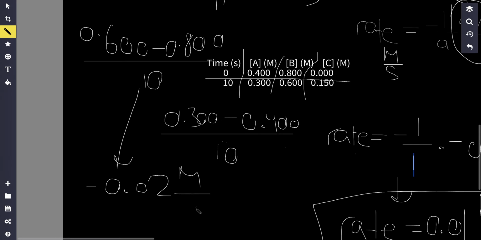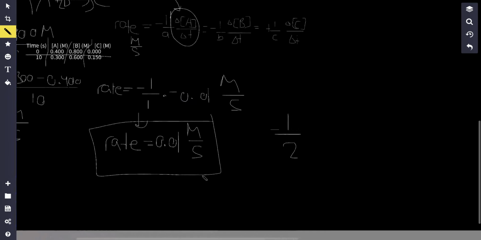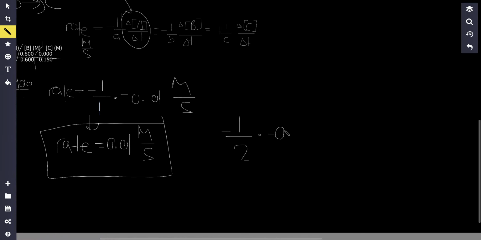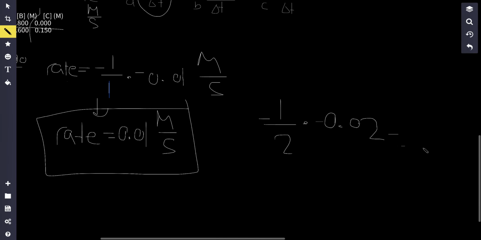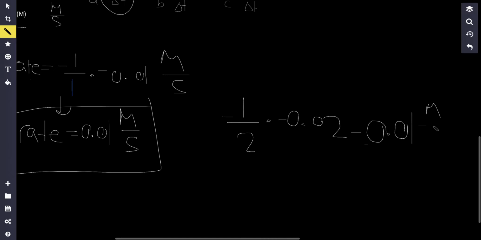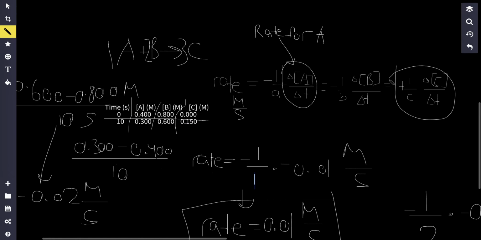At the top we're dealing with molarity, at the bottom with seconds, so molarity over seconds. I multiply this by negative 0.02, and when you multiply them together, you still get positive 0.01 molar per second. So either way, if you use the products or the reactants, it doesn't matter.